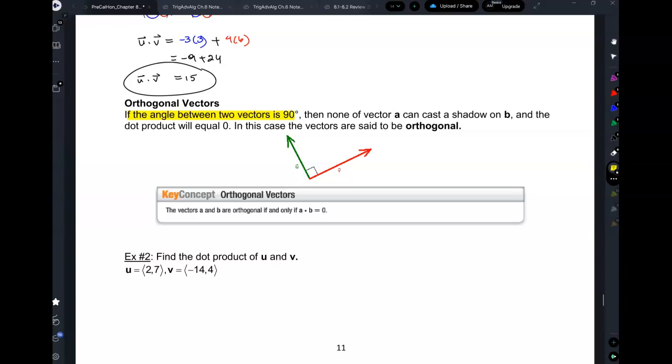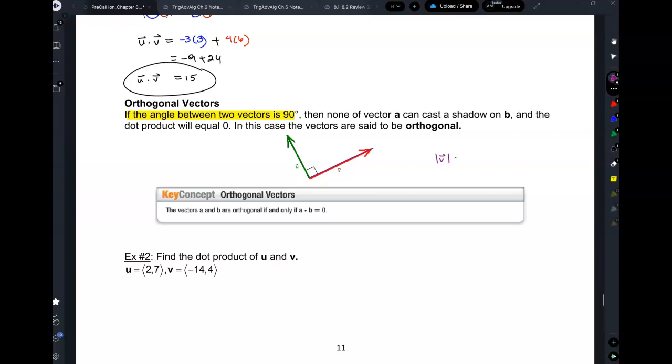Now, suppose you have two orthogonal vectors like this. To find the dot product, we take the length of V. Now we want to multiply that by however much the projection of the green vector is on the red. So how much projection of the green is onto the red? 0, right?